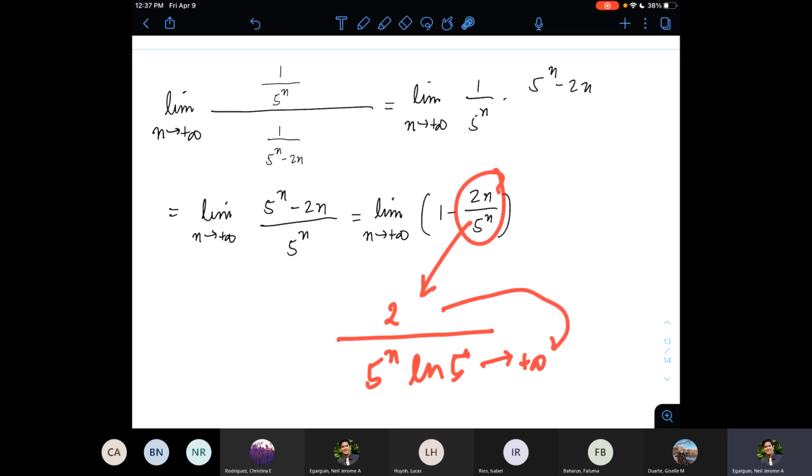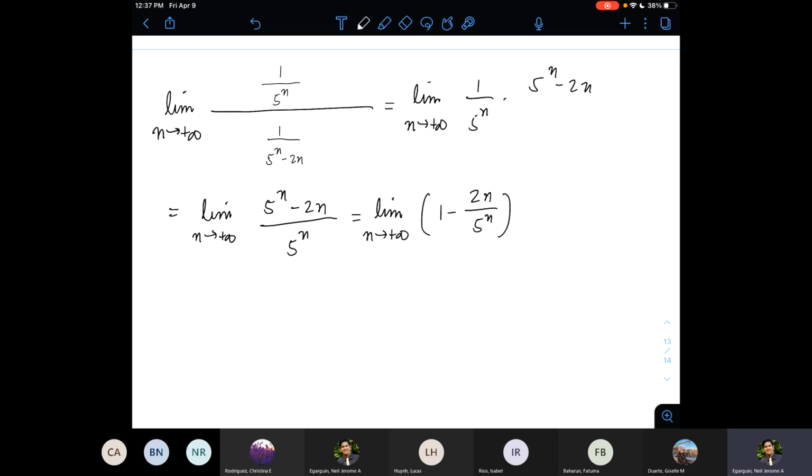So this would be 2 over infinity, so this will become 0, right? But the hierarchy of rates of growth comes in very handy here, because mentally you can conclude that the denominator grows a lot faster than the numerator, so the limit is 0. So the limit is 1 minus 0, so this would be 1.